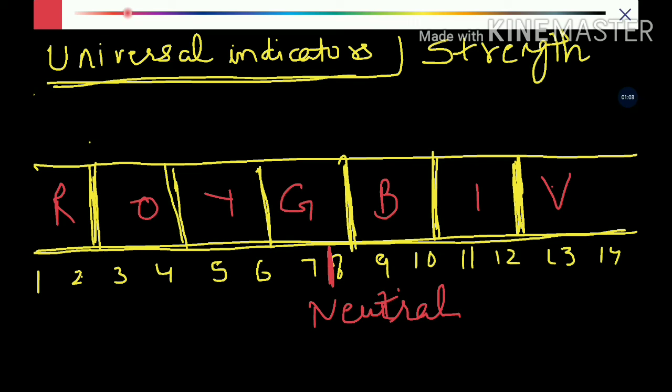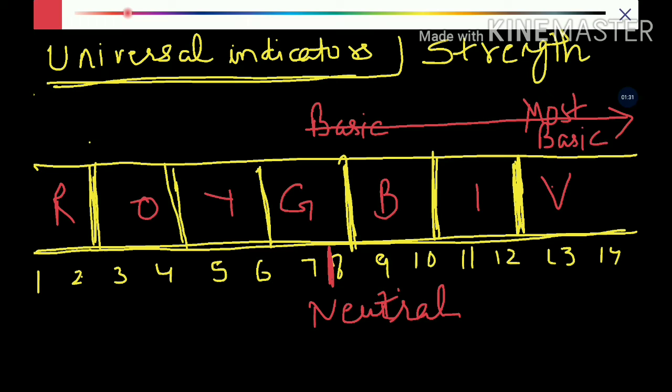So any compound showing green color with universal indicator will be almost neutral. From 7 onwards towards the right, basic character will increase. That means the violet color will be most basic in nature.